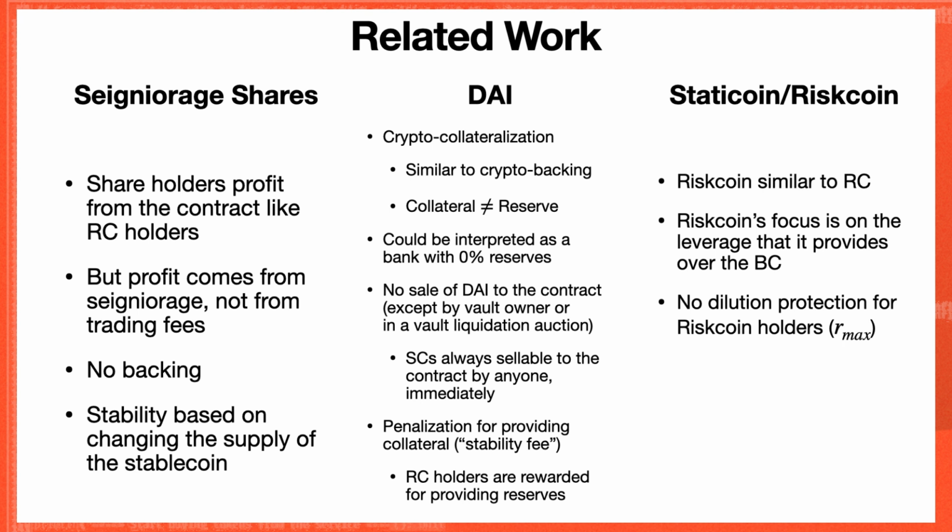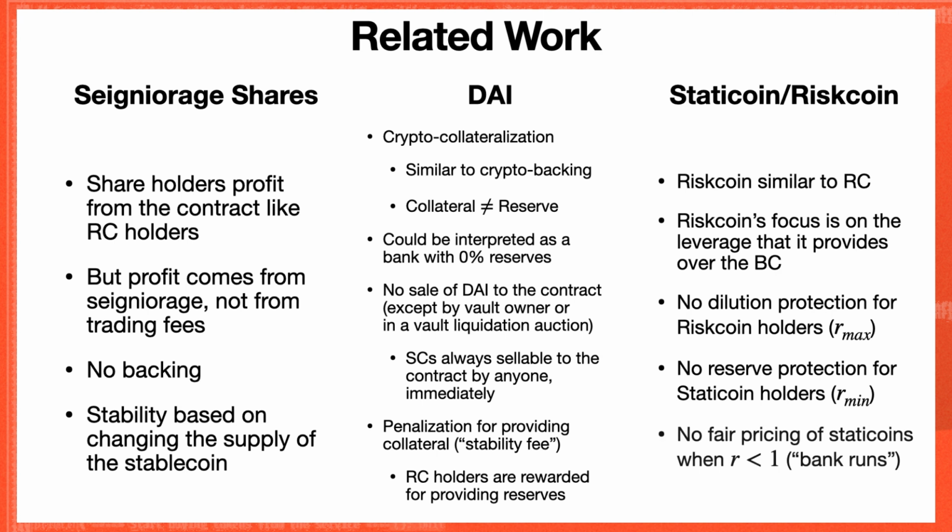With StatCoin and RiskCoin, there's no dilution protection for RiskCoin holders, so there's no maximum reserve ratio. And there's no reserve protection for StatCoin holders, so there's no minimum reserve ratio. And there's no fair pricing of StatCoins when the reserve ratio falls below 1.